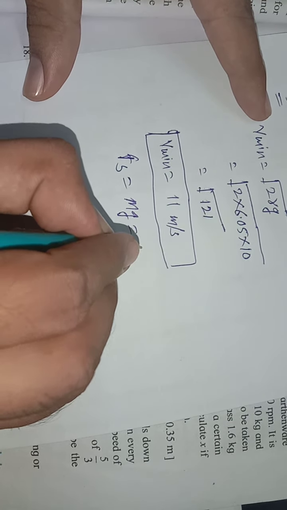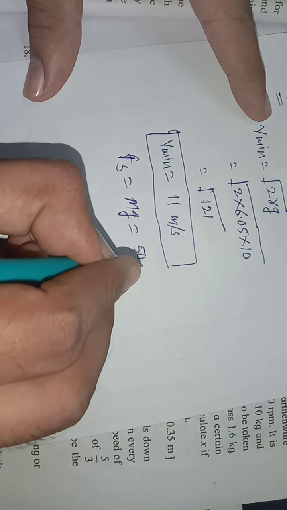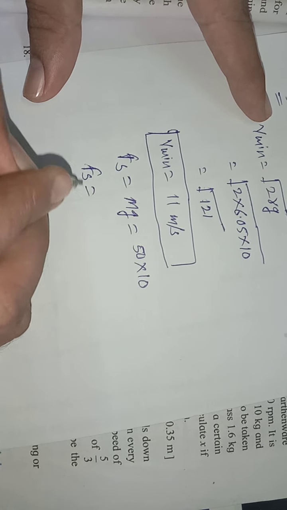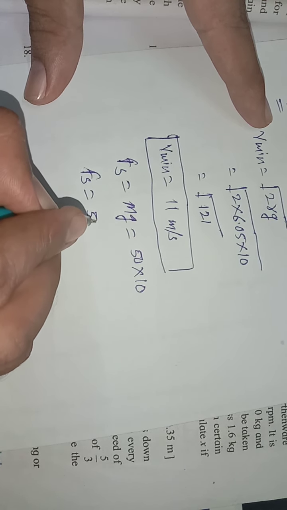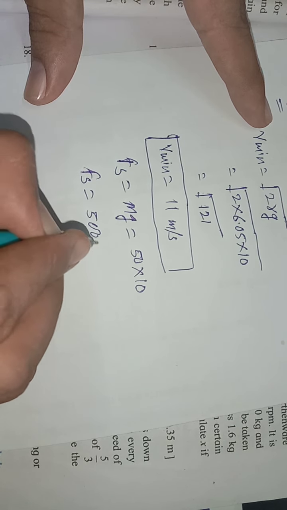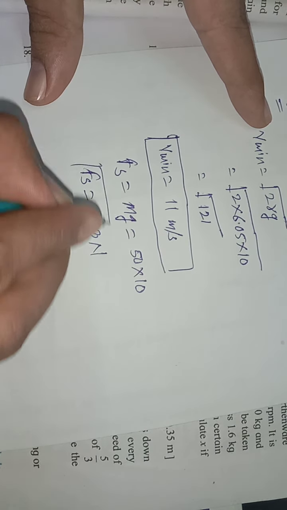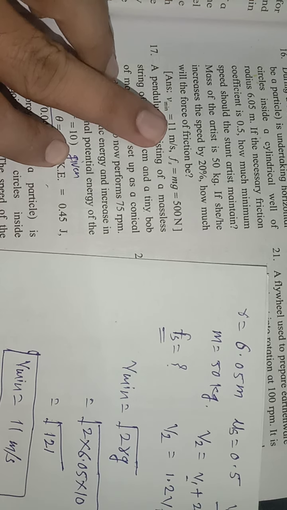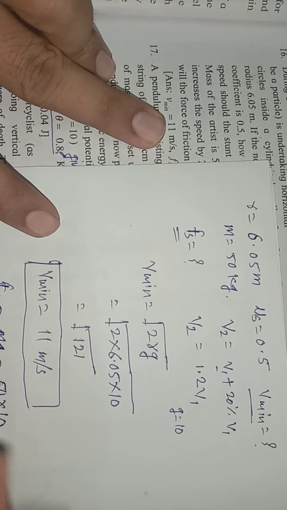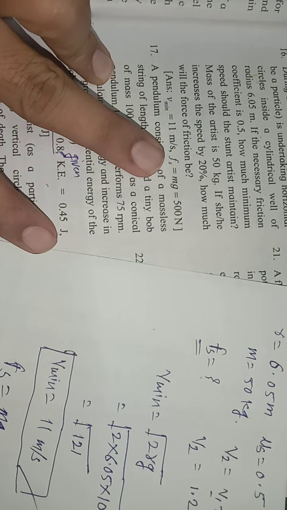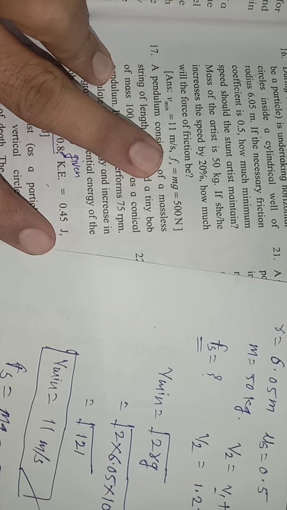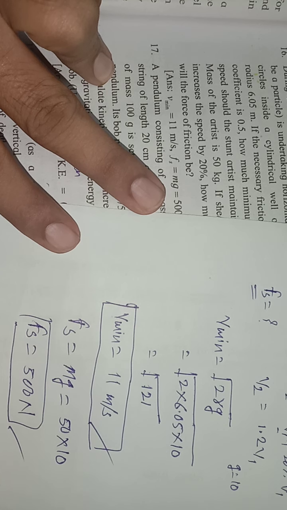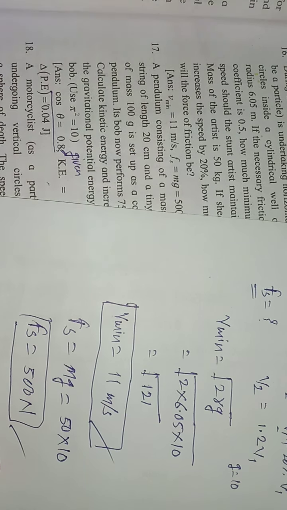The mass of the artist is 50, into 10, so Fs, the force of friction, is equal to 500 Newton. So both answers are given: v minimum is 11 meter per second, and Fs is 500 Newton. This is the 16th problem.